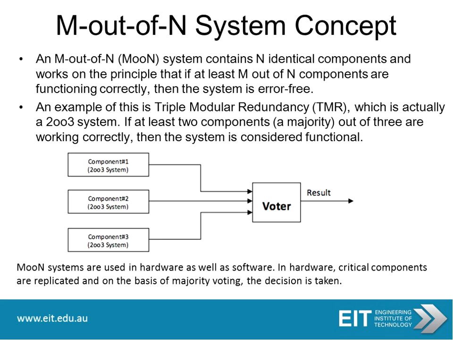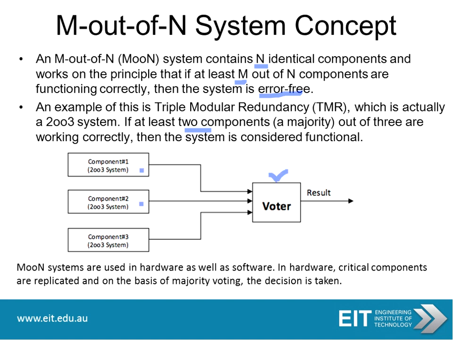So your M out of N systems contain N identical components, and it works on the principle that if at least M out of the N components are functioning correctly, the system is error-free. Now, an example here is the triple modular redundancy, which is actually a 2 out of 3 system. Now, if at least 2 components, the majority out of 3, are working correctly, then the system is considered to be functional.